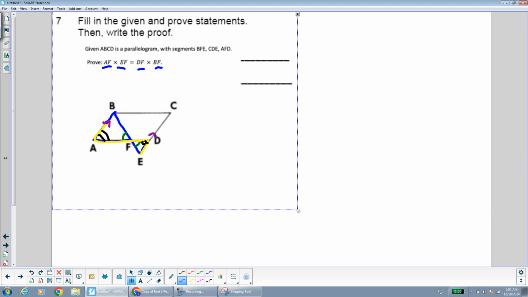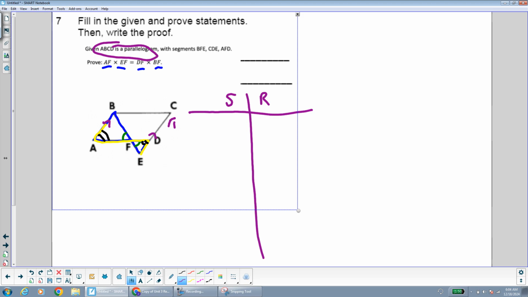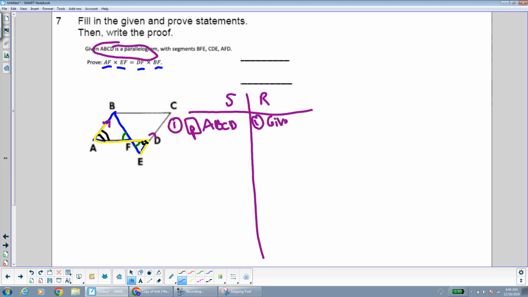Let's think about if there's any way we can get those lines parallel. In the givens, it does say ABCD is a parallelogram. So that's where we can get these parallel sides from. And then we're basically all done. So we have parallelogram ABCD that was given to us. So AB is parallel to CD.